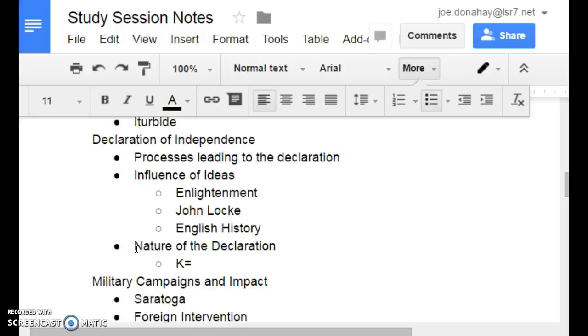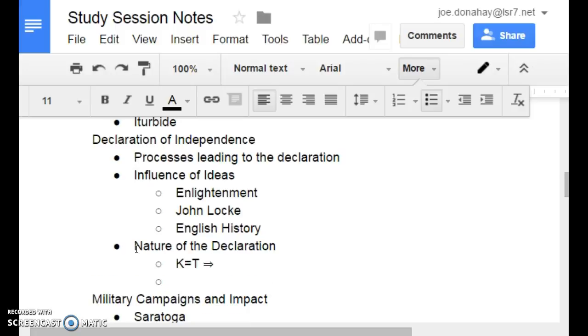It says that if the king is a tyrant, then independence is justified. That's basically the initial setup and the preamble of the D of I.